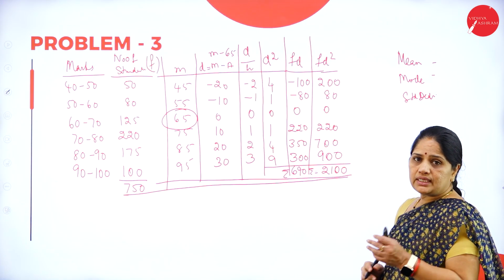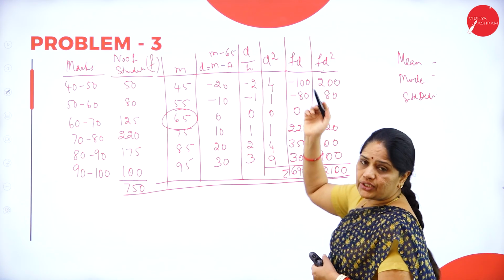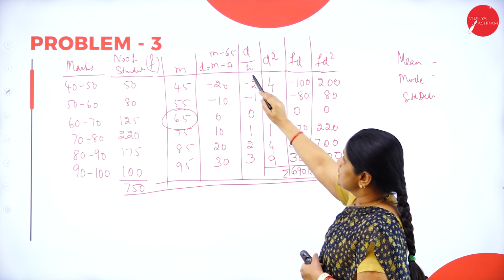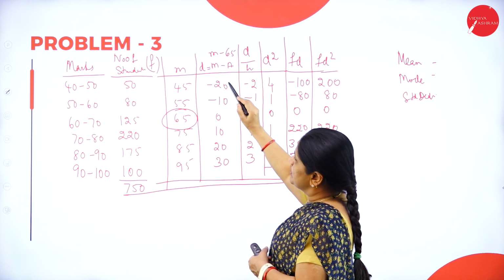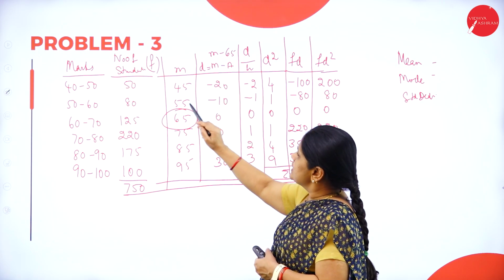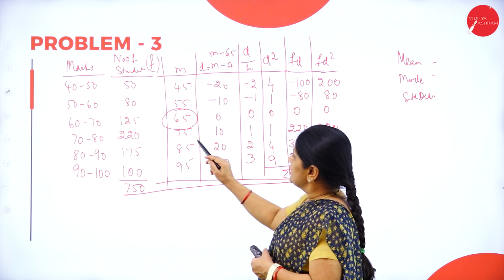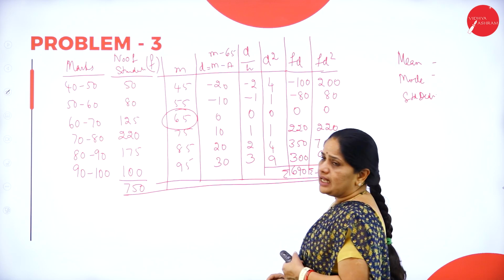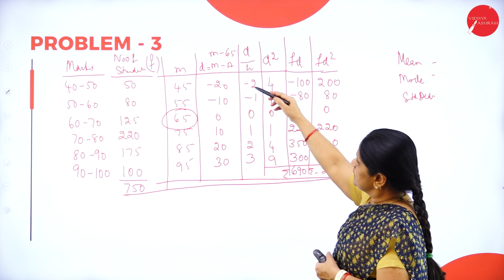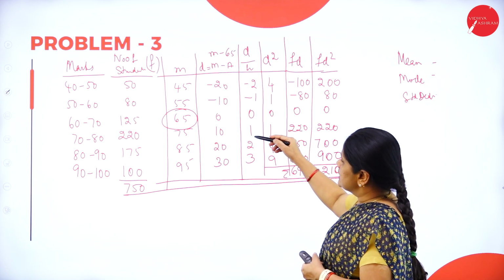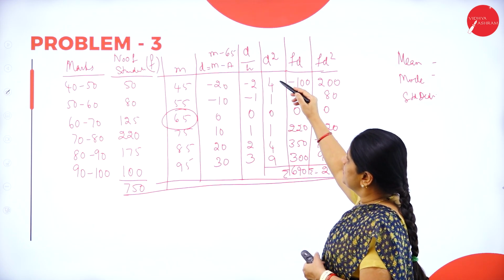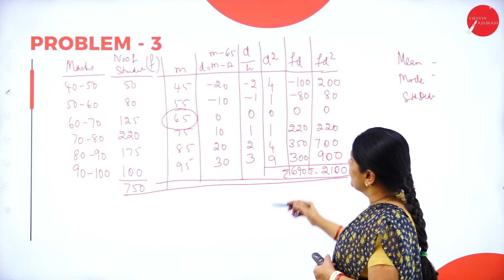In order to simplify this, I divide the entire column by 10. So I get minus 2, minus 1, 0, 1, 2, 3. Now d square will be 4, 1, 0, 1, 4, 9.